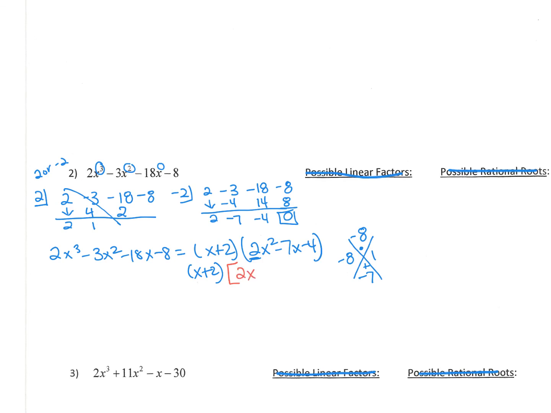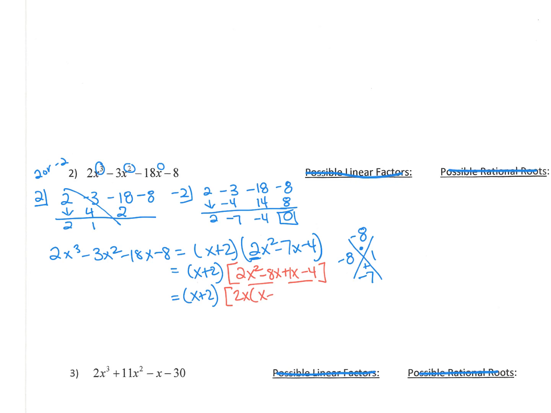I'm going to keep the 2x squared, I'm going to keep the negative 4, but I'm going to replace the minus 7x with minus 8x plus 1x, in either order. It doesn't matter. I'm going to underline the first two and the last two. My x plus 2 is just on hold, sitting out here waiting for the rest of it. When I do some work inside here, it looks like they have a GCF of 2x.